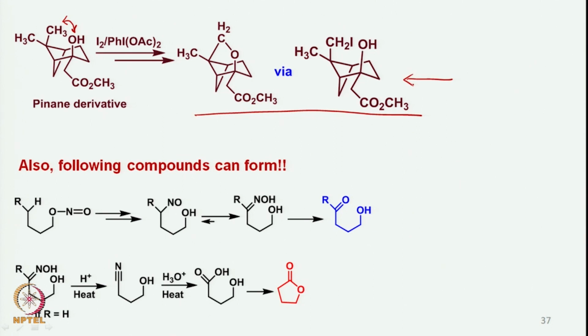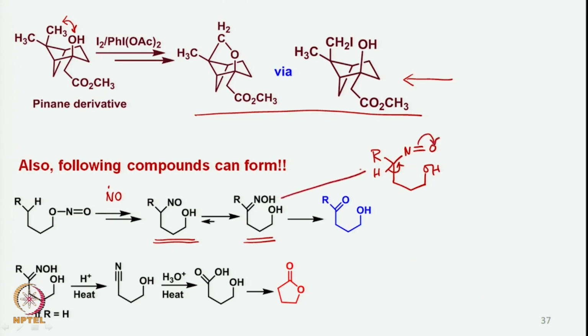Now what can also happen is that if one gets the corresponding molecule of this type, when the NO dot has reacted at this particular center here, we get this. This is basically nothing but a nitroso, and then that is in equilibrium with the corresponding oxime.